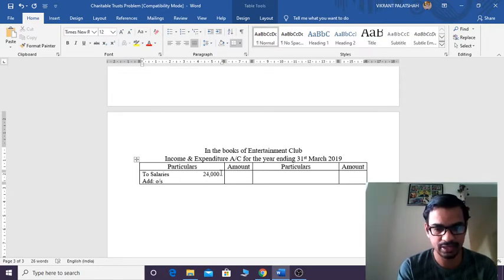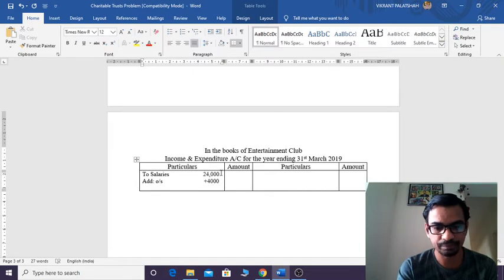As per the adjustment, it is rupees 4,000. So 4,000 is added. Understood? After adding rupees 4,000, the total amount we have to show under the total is 28,000.